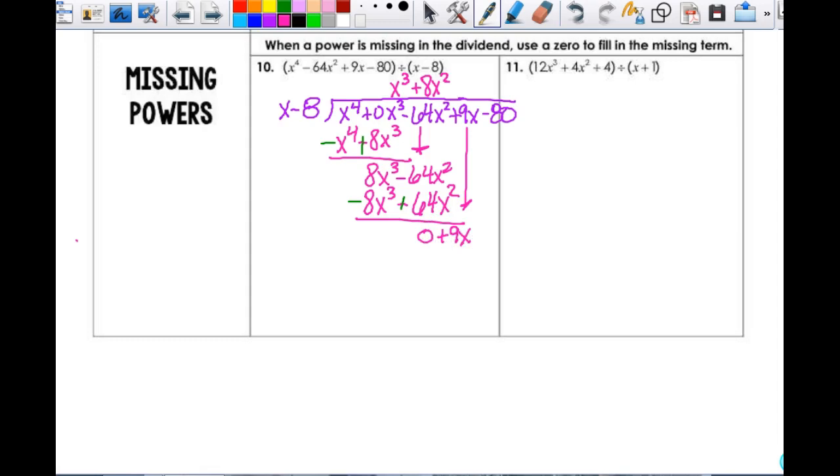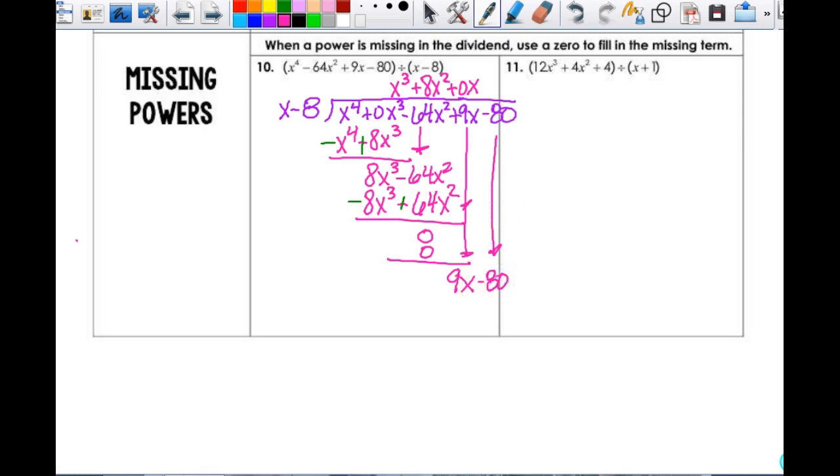How many times does x, oh wait, I jumped ahead of myself there. When that zeroes out, how many times does x minus 8 go into 0? 0 times. So I have a 0x here. Then 0x times all of that is 0, right? And then I bring down my 9x. Jumped ahead of myself there. And I also have to bring down my 80.